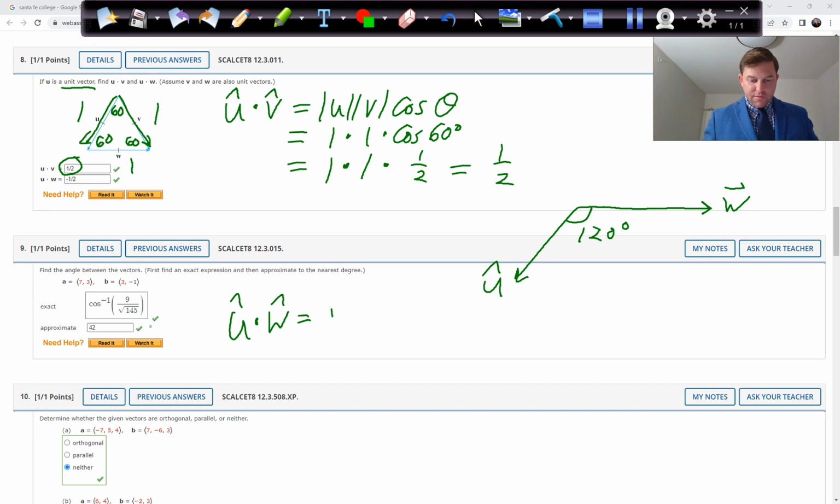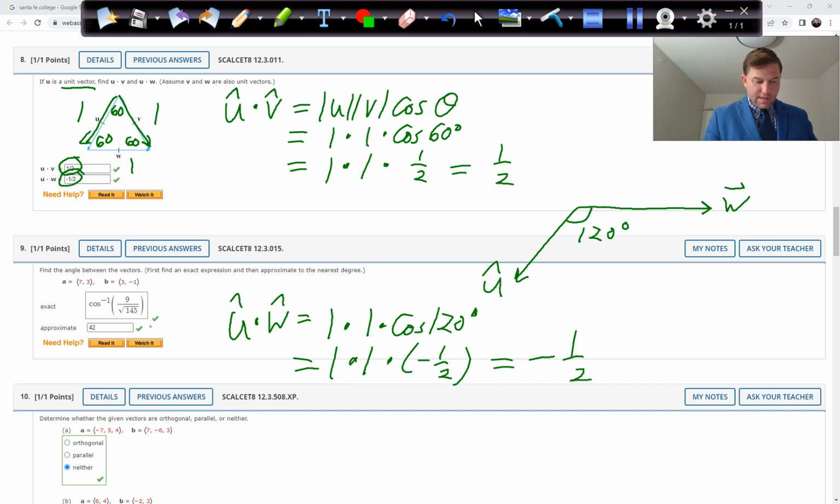It's magnitude of u, which is 1, times magnitude of w, which is 1, times cosine of now 120 degrees, the angle between them. And this will be -1 if you look at the unit circle, which reduces to -1/2. Excuse me, -1/2, not -1. So cosine of 120 would be -1/2. Their magnitudes are 1, so the whole thing just multiplies to be -1/2.